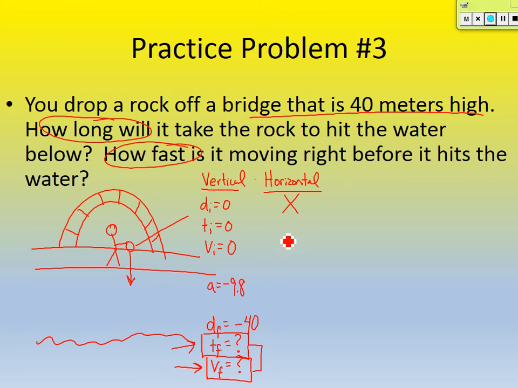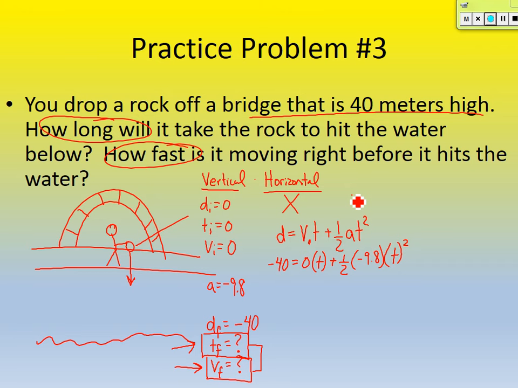Let me write that equation down here. Displacement is equal to velocity initial times time plus 1/2 a t squared. All right, now I'm going to plug in the magnitudes of these variables. Displacement final, which is a minus 40, is equal to velocity initial, which was 0, times t, plus 1/2 times a, which is a negative 9.8, times t squared.